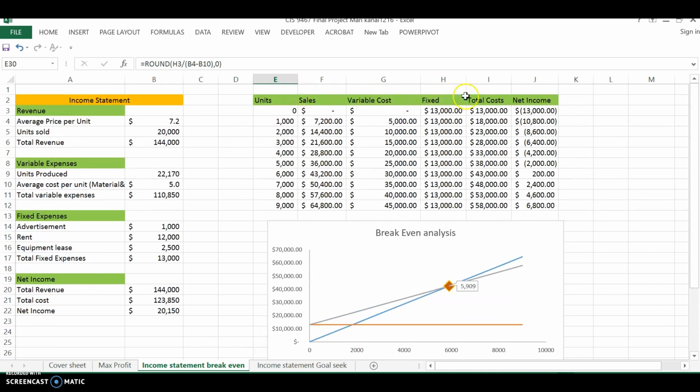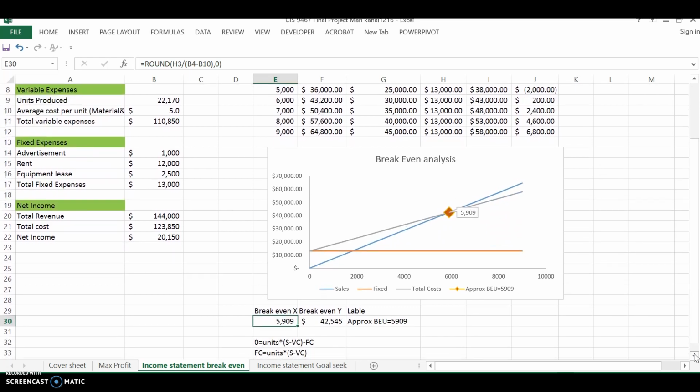H3 is fixed cost, B4 is sales price, B10 is variable cost. The graph also shows the break-even sales amount is more than 5,000. Also, here is the same number here.